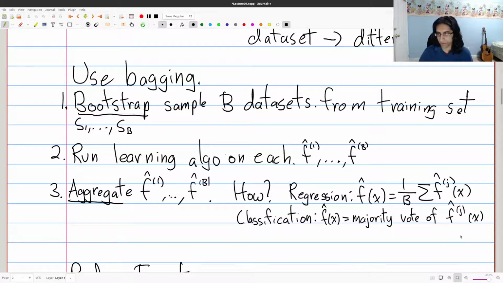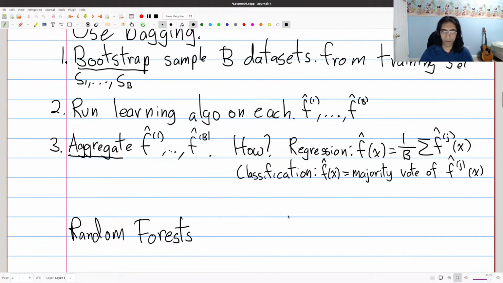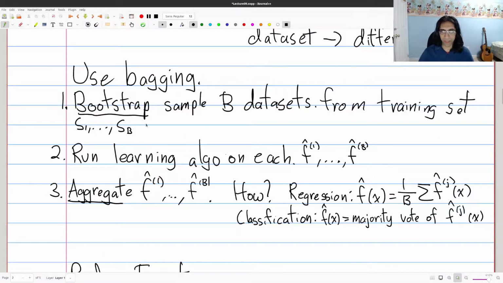So for example, if 90% of these predict that the label of x is going to be 1, then f hat of x should output 1. And that's it. That's all bagging is. It's relatively simple. So you just basically bootstrap a bunch of data sets, you run the algorithm on each, and then you put them together in the appropriate way.